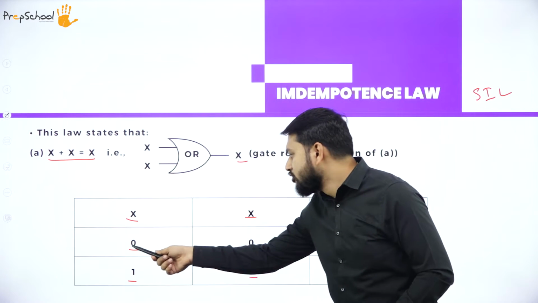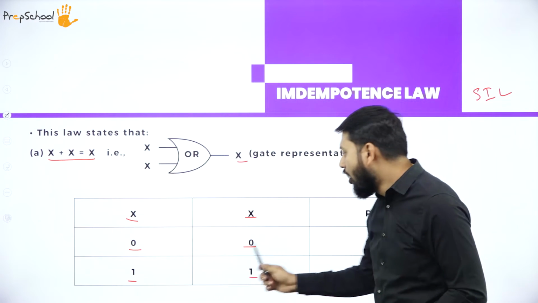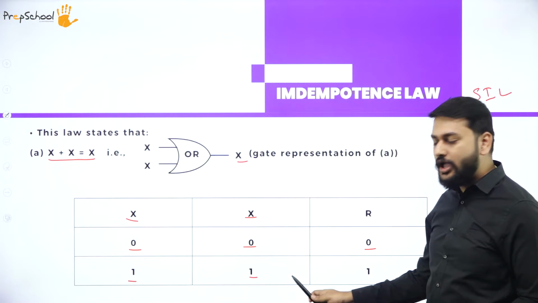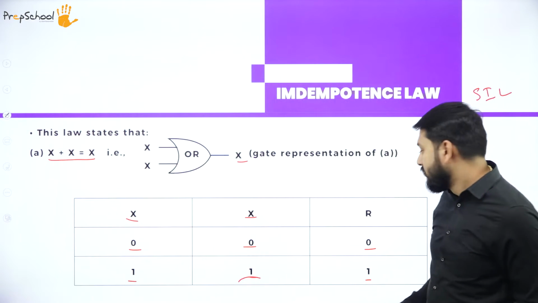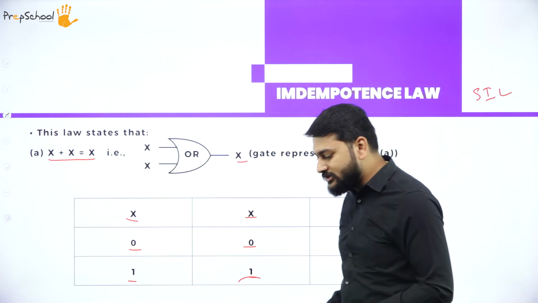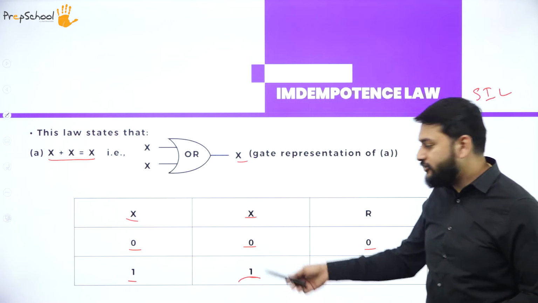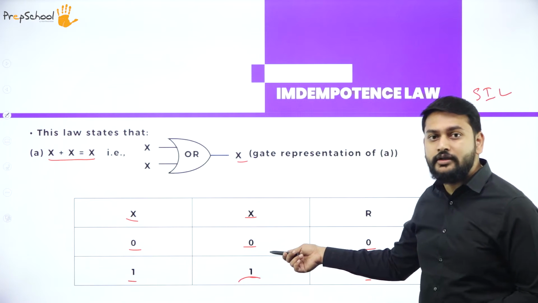Please observe, 0 plus 0, obviously it is 0. 1 plus 1, obviously it is 1. So my x value, whatever I had, is it the same? Sure, you might ask me, sir, take some different values here, say here you have taken 0, you take 1 here.